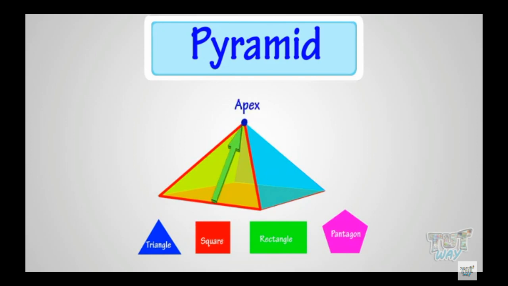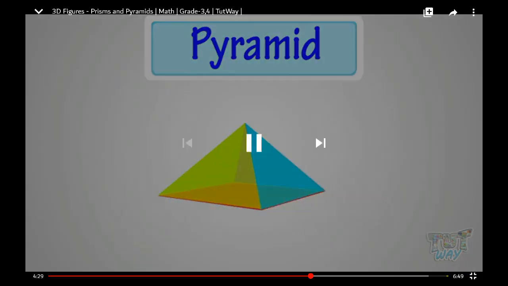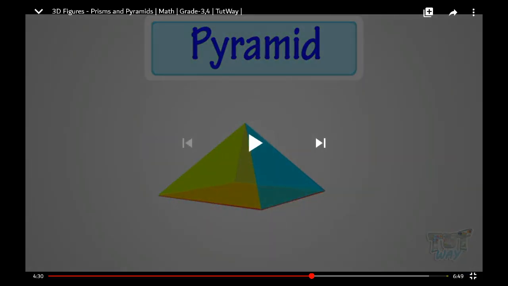I repeat, a pyramid has a single base, which can be of any polygon. So the difference is that prisms have two bases and can be of any of the shapes, which is triangle, rectangle, pentagon, hexagon, whatever. But in pyramids we have only one base and the other faces are triangular.